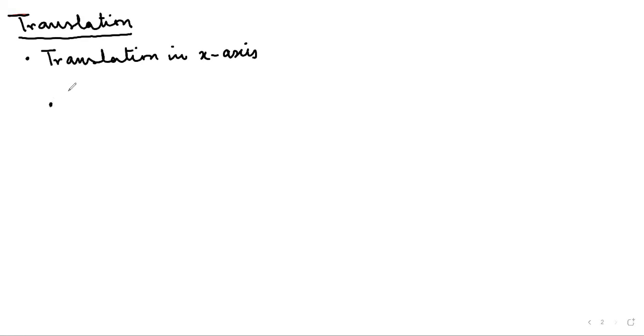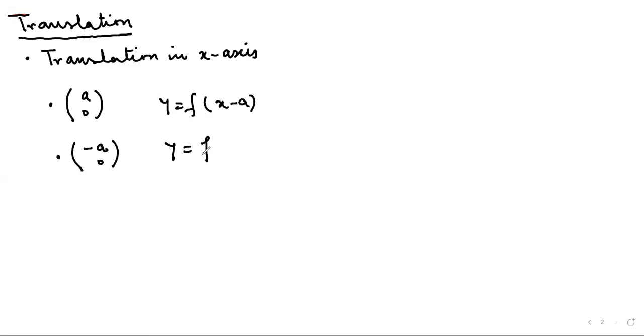If the translation vector is a0, then the equation of the curve is y is equal to f of x minus a. And if the translation vector is minus a0, then the equation of the curve is f of x plus a. If inside the equation there is x plus a, then the vector will be minus a0.